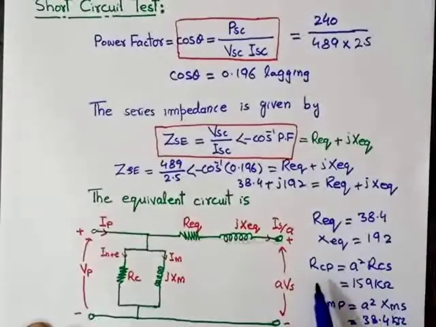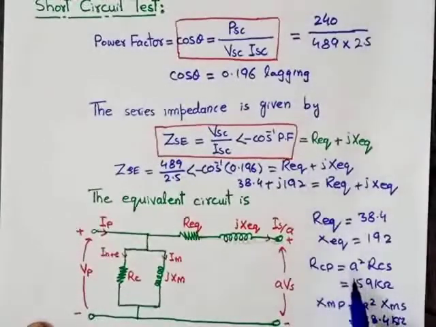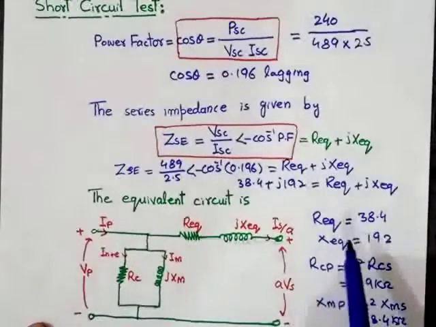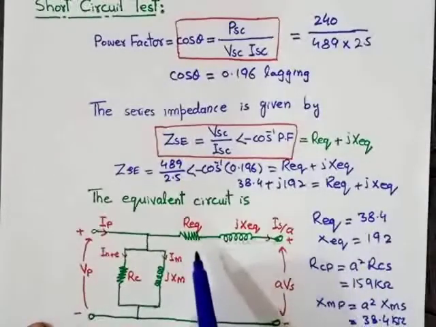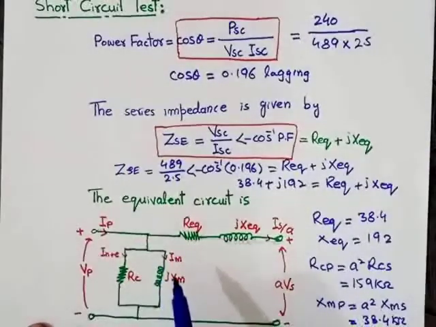So this is the value of RC in the primary side and this is the value of the magnetizing component in the primary side. Putting the values of RC and XM here, and the values of R equivalent and X equivalent here, this is the resulting equivalent circuit of the given problem.